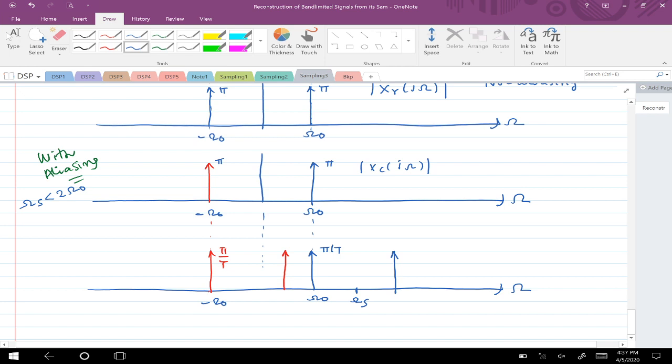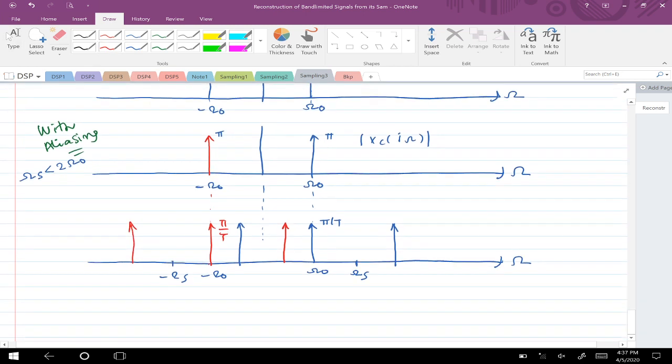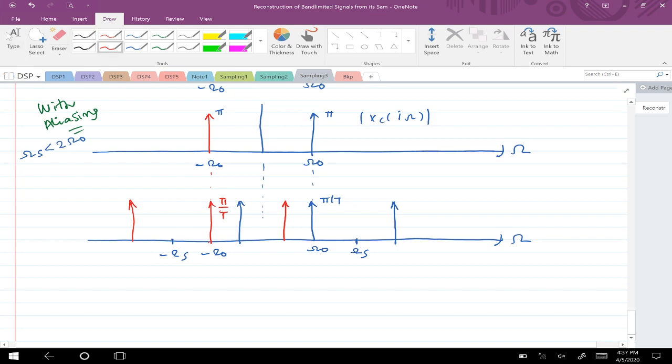And same thing here. Assume this is your minus omega s. The left hand side copy would come somewhere here, and the right hand side copy would go here.